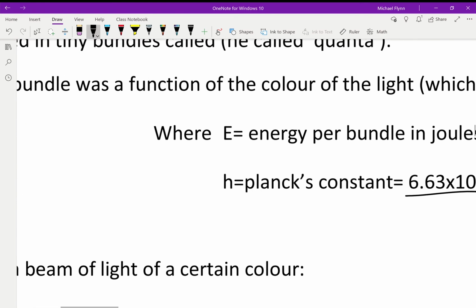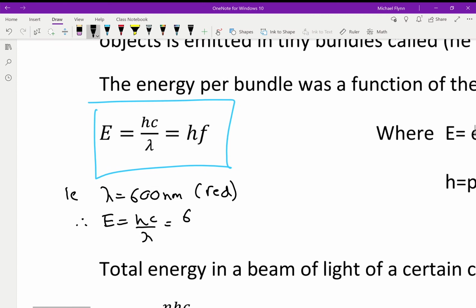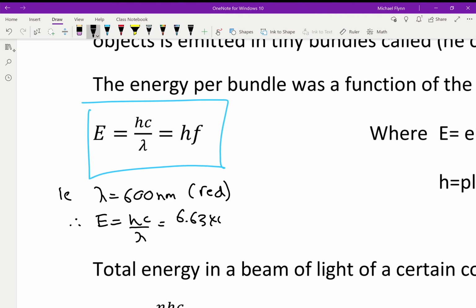So 6.63 times 10 to the negative 34, times the speed of light, 3 times 10 to the 8, divided by 600 times 10 to the negative 9. You'll need to use calculators for all these questions, and you have to convert everything to standard units. I'll do that right now.